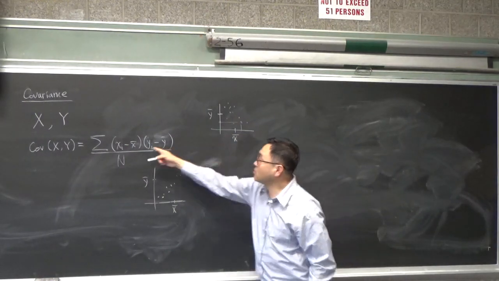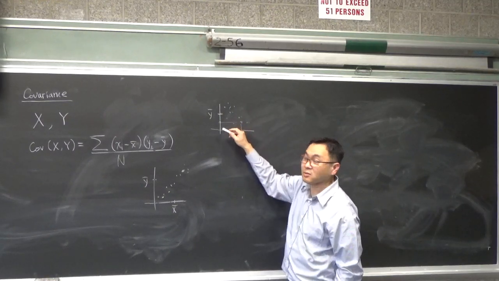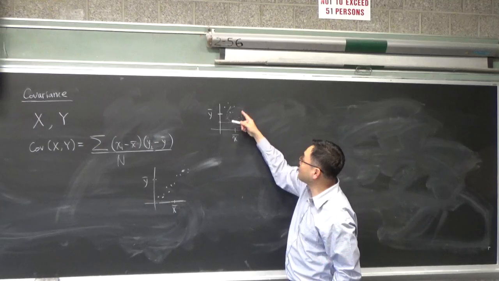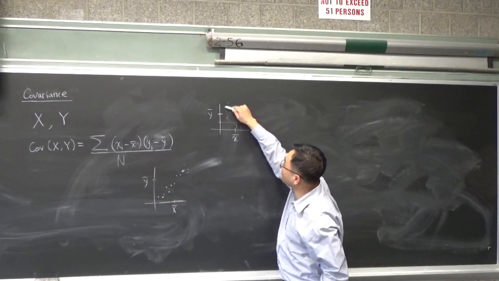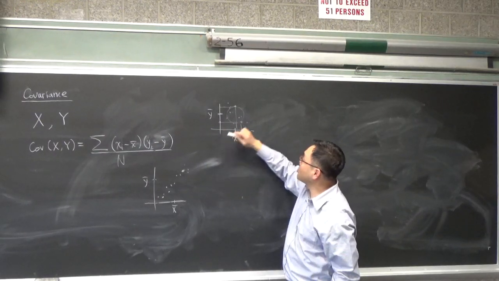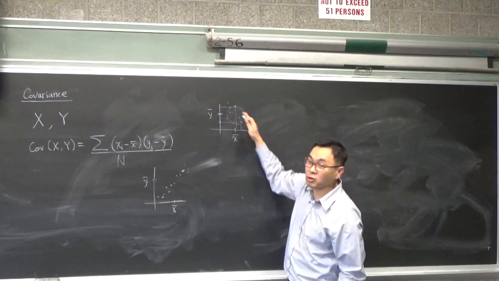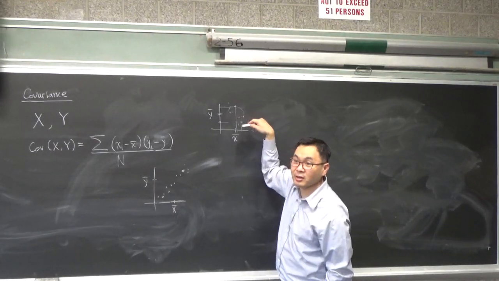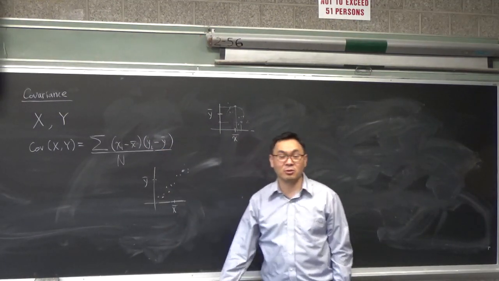So this thing inside will be calculated to a negative value for these things, right? There are a few places in the middle where it might not be so easy. For example, this will be positive because this is both above the average. But you can see that in most cases, the values will be negative. So if you have a trend that's going that way, you will be expecting that this value will give you negative.